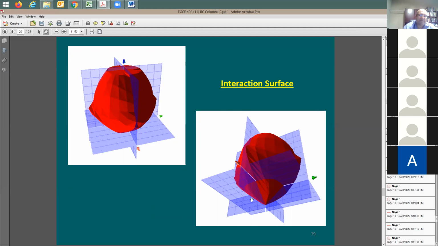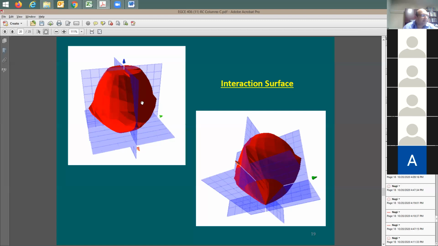It's going to be tough if you need to do analysis like this by hand, but the software can do it for you and give you also this graph. And if you give it a load combination like Mx, My, and P as an axial load applied to the column, it can tell you whether it's going to be within this envelope or outside of this envelope. So this is useful for finding the two moments and the axial load.